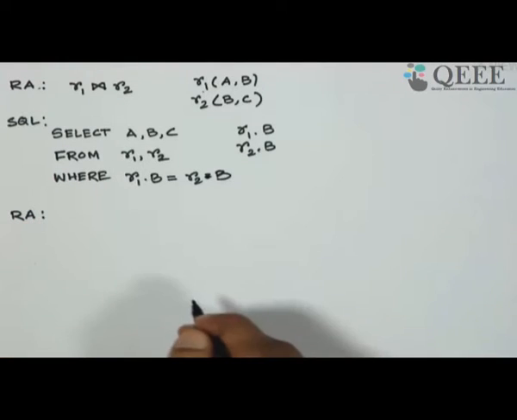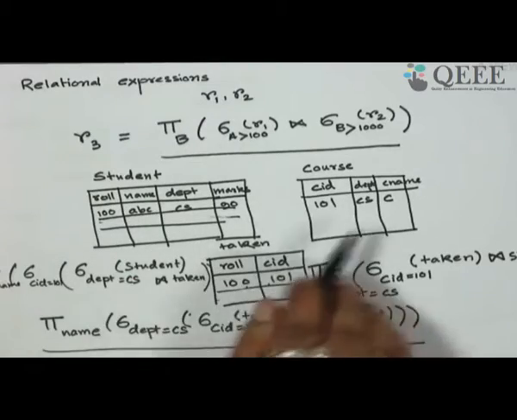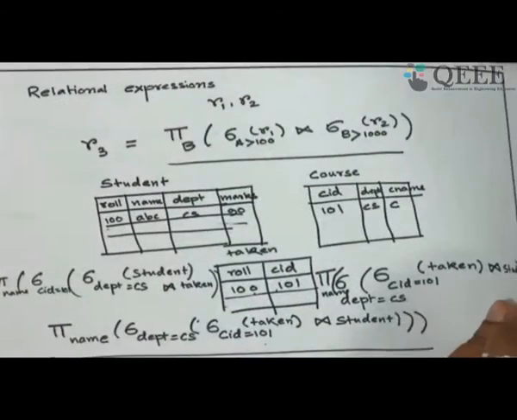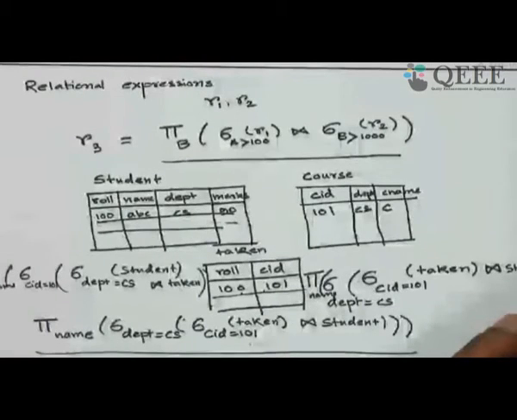So this is the relational algebra expression, and this is the SQL. Let me write down one more, using the earlier student example. Wait a minute. We have student, course, taken. I want to find the names of all the students of the CS department who have taken course ID 101.